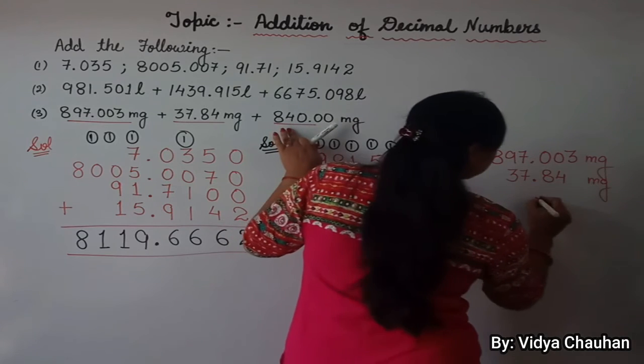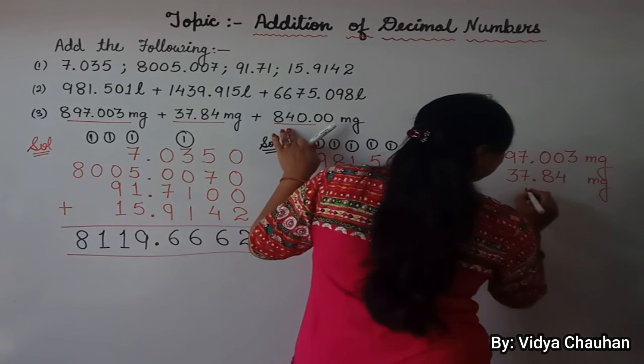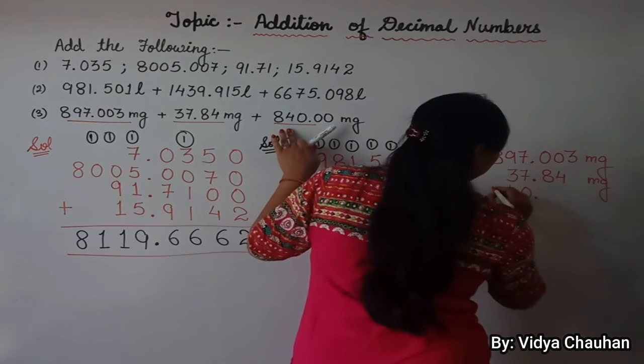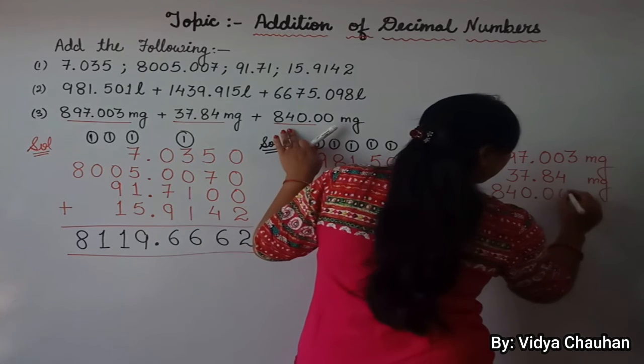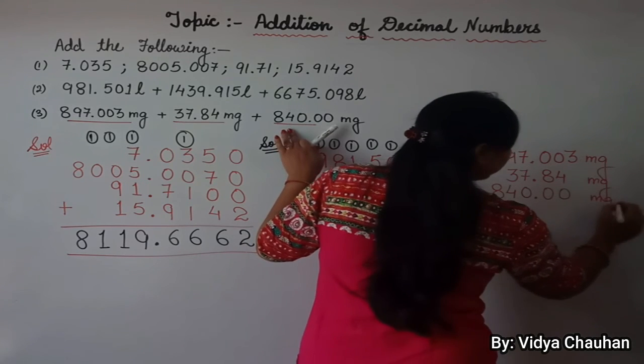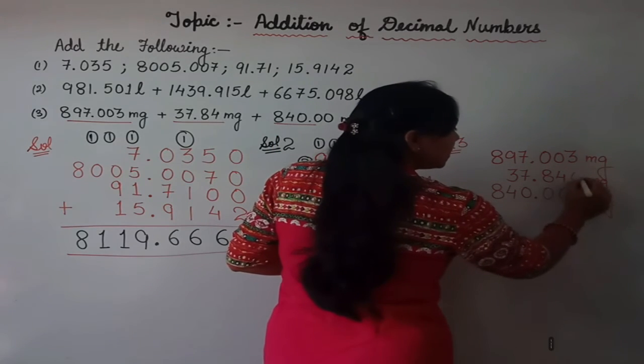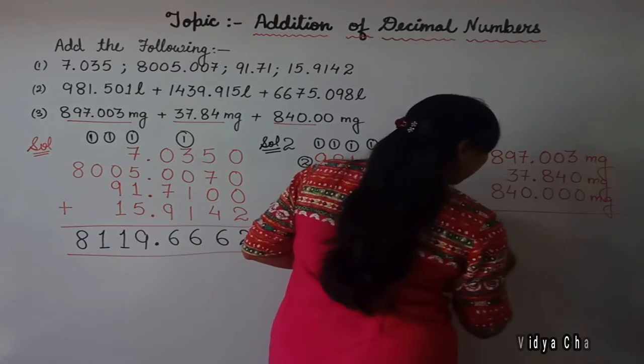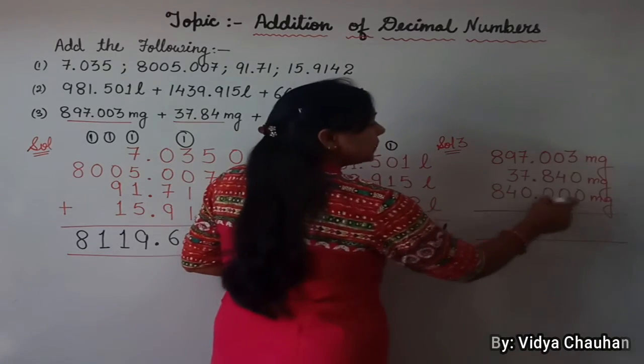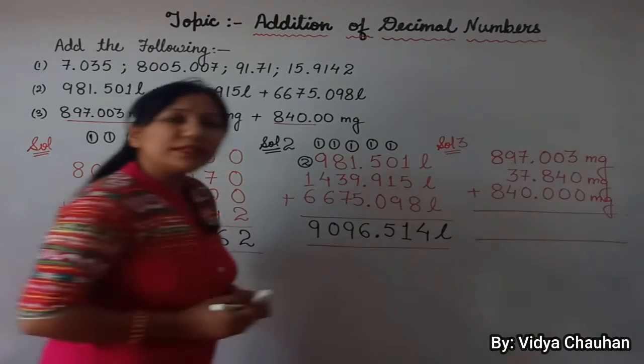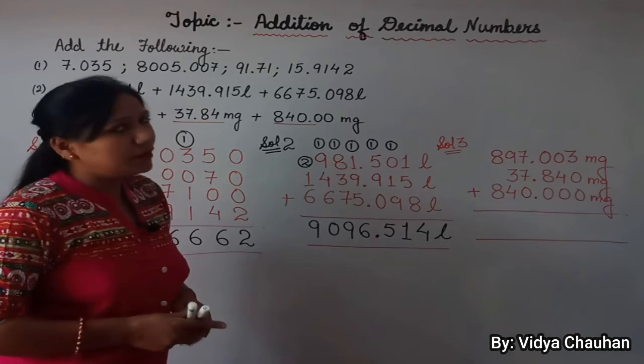The third value is 840. So decimal is here, 048. 840 milligram. The values which are vacant, or you can say left out, we will fill with zeros. So now once again we have written all the numbers in vertical form.